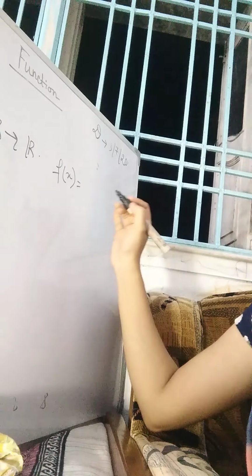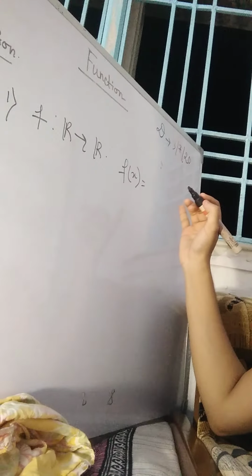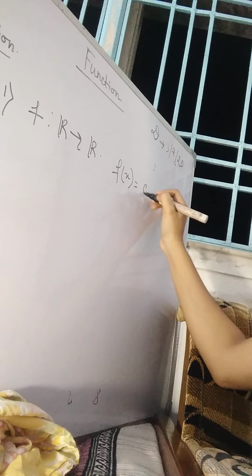Now we are taking some examples. First example: we already know f of x is defined from R to R such that f of x equals some constant c.